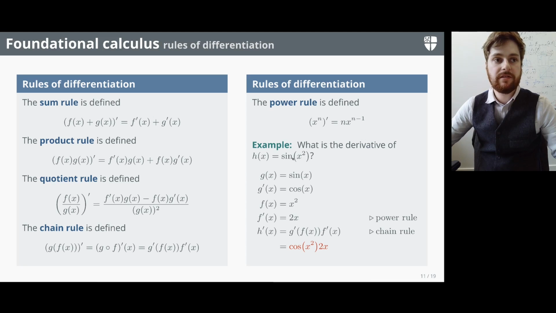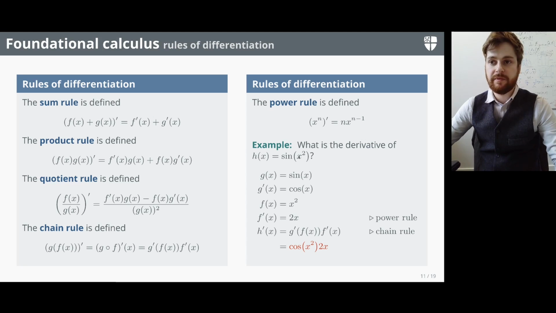So the outer part is g of x equals sine of x, and then f of x, the inner part, is equal to x squared. Then we're going to calculate the derivatives respectively for the outer part and the inner part, and then we're going to substitute them in together and use the chain rule.